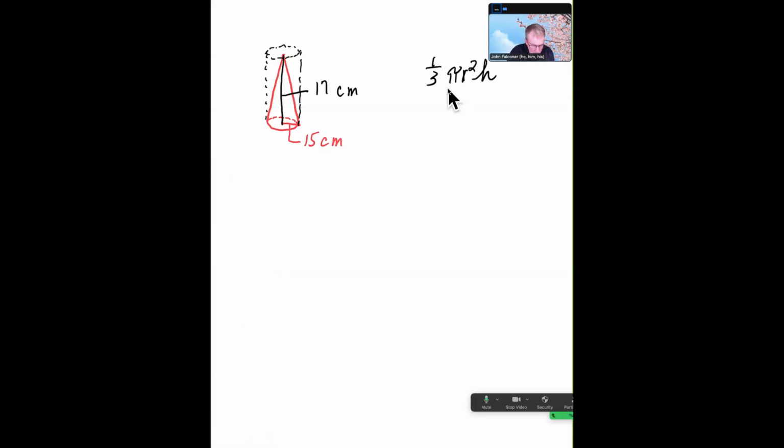So we're going to say 1/3 times pi times r squared times h. And we can just substitute our numbers in here. So 1/3 times pi. We're going to use pi.